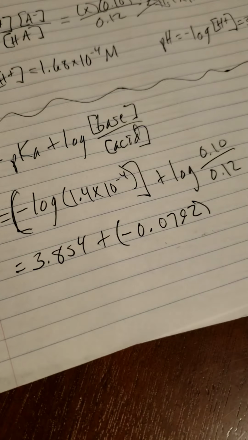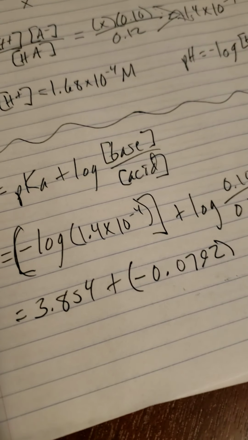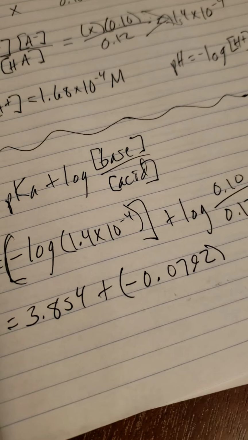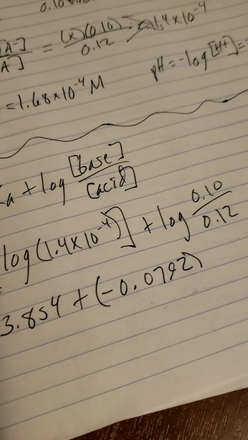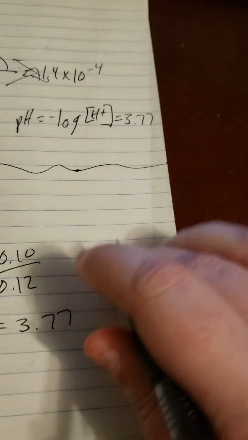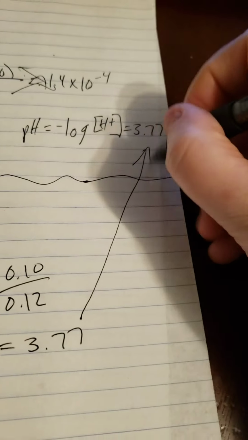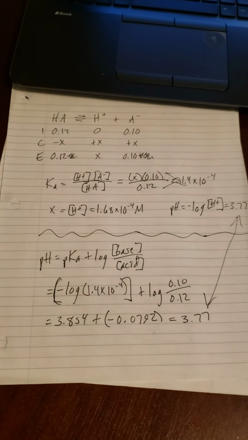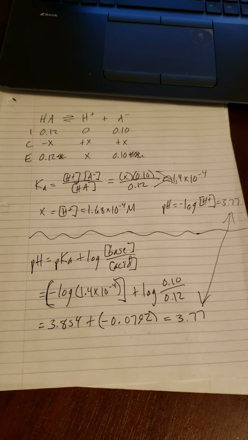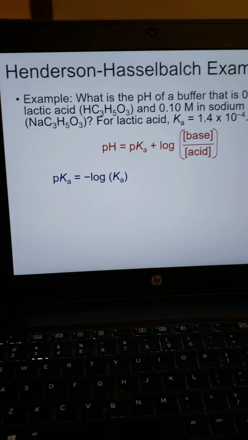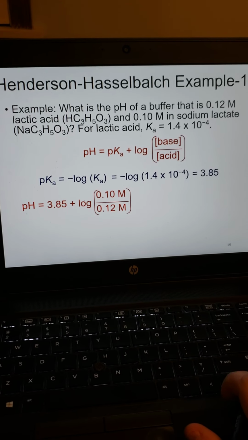Not very much difference, but 3.854 minus 0.0792, and we get exactly 3.77. So as you can see, they are the same answer. Which one took more work? I don't even really have to say this, so now you know which method to use. Perfect. And all of that is here on the slide.